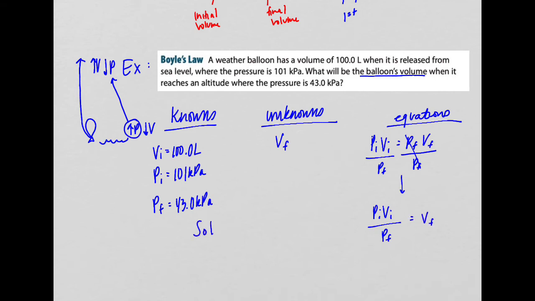We'll plug everything in, and we find that final volume is going to be equal to 101 kPa, that's initial pressure, times the initial volume, which is 100.0 liters, divided by the final pressure, which is 43.0 kPa.